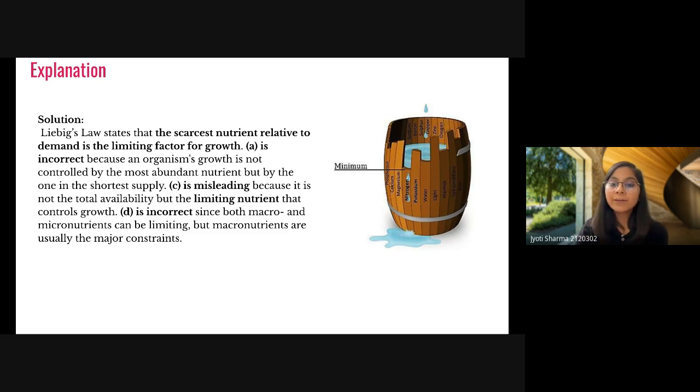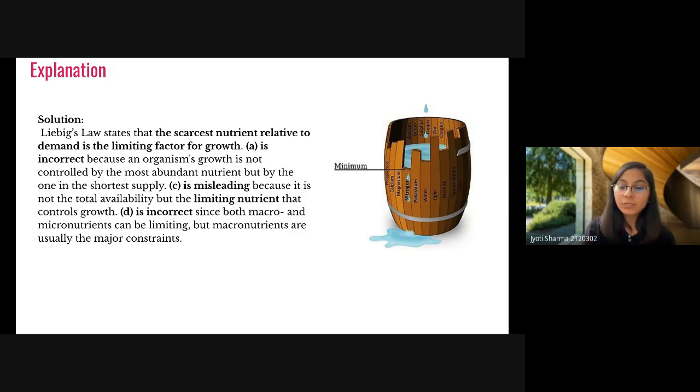So there will be kind of damage or leakage when we have something in the minimum amount relative to that which is required. For example, here that nitrogen was in minimum quantity, and because of that minimum quantity, the whole system has been disrupted.